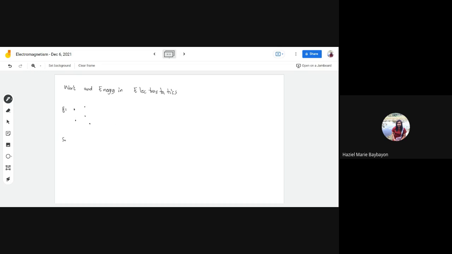These are your source charges. And then you want to place another charge near the assembly, say from infinity. So the question is, how much energy is needed in order to move this single charge from a certain point to here?